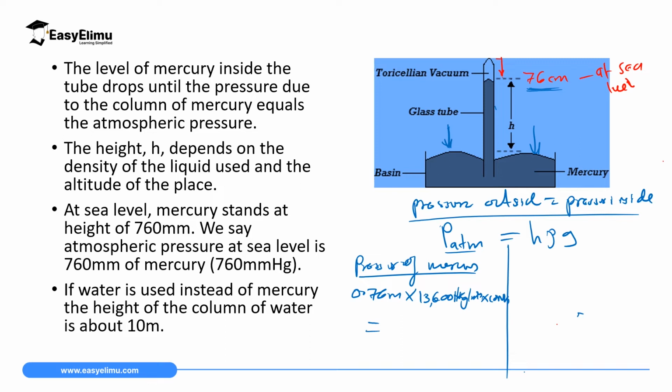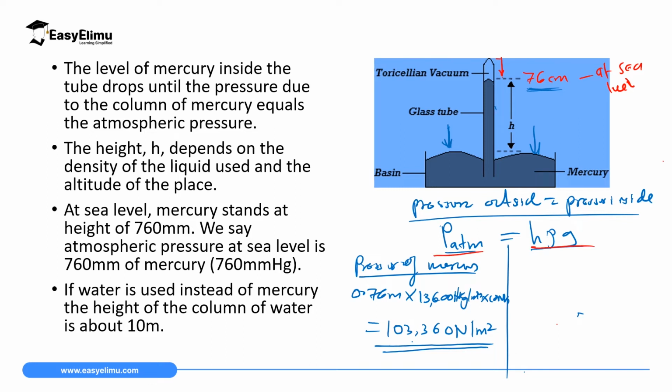In this case, it will give us 103,360 newtons per square meter. So this is the pressure due to this height of mercury, and we have said pressure due to the height of mercury is the same as the atmospheric pressure.